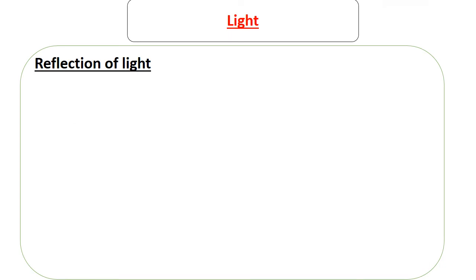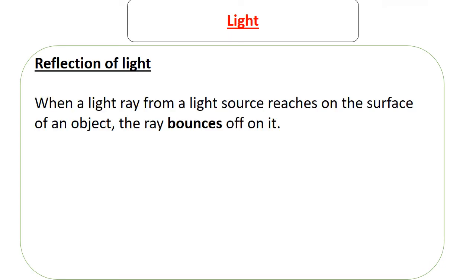So start with reflection of light. When a light ray from a light source reaches the surface of an object, the ray bounces off it. Just like when you throw a ball down, when it hits the floor, it bounces. That's the same behavior that light has when it meets a surface.